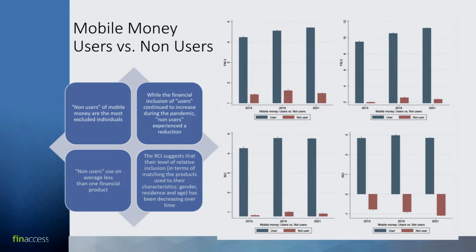So this suggests that the digital revolution has made a major impact in the financial inclusion in Kenya, but has also created a gap between adopters, users, and non-users of mobile money. So yeah, that's the main message here. Okay, thank you very much.